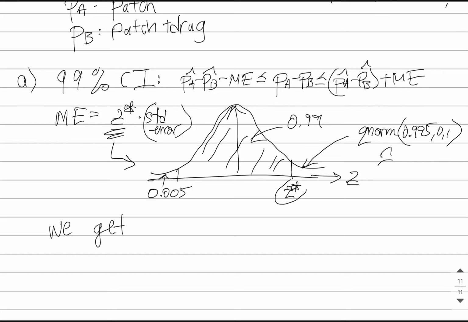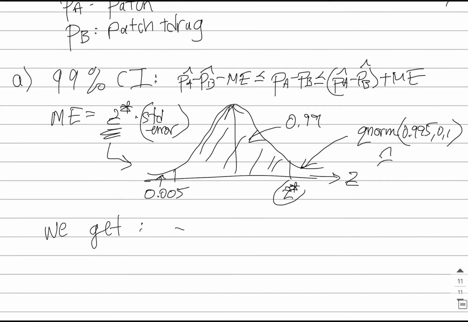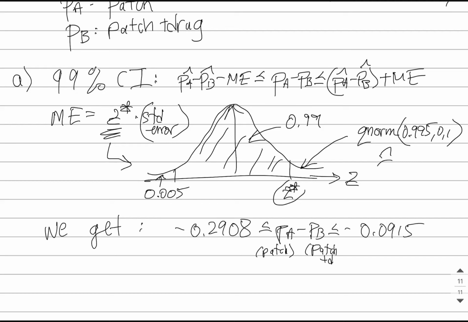But either way, we end up getting the following result, that the difference in the two of them is about 0.2908 PA minus PB up to negative 0.0915. Now, this tells you again, patch, subtract patch plus drug, the difference in the proportions.